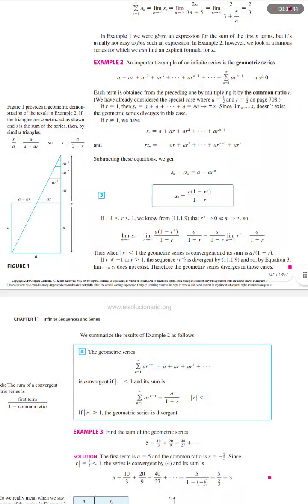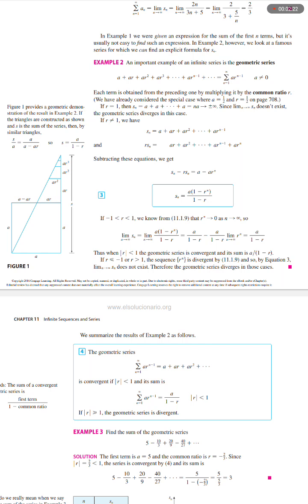An important example of an infinite series is the geometric series. A plus AR plus AR squared plus AR cubed all the way through to A times R to the power n minus 1 plus ellipsis equals the sum from n equals 1 to infinity of A times R to the power n minus 1, where A does not equal 0.